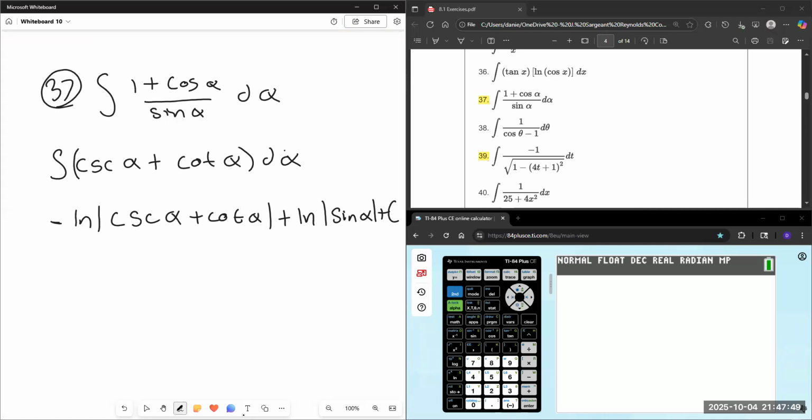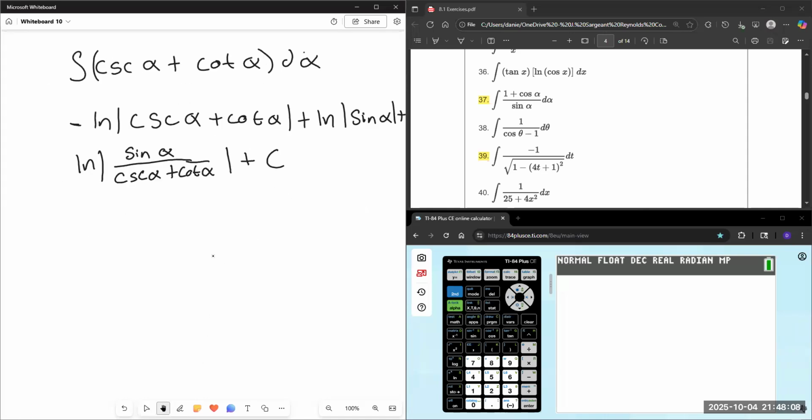I'm going to clean it up a little bit here using some log properties. Sine alpha over cosecant alpha plus cotangent alpha plus c. Let's multiply by sine over sine to get rid of the reciprocal, the sines that are in the denominators and the denominator.